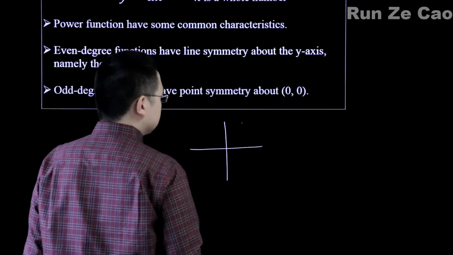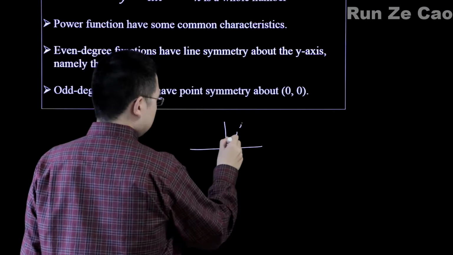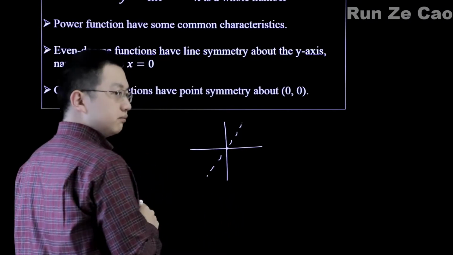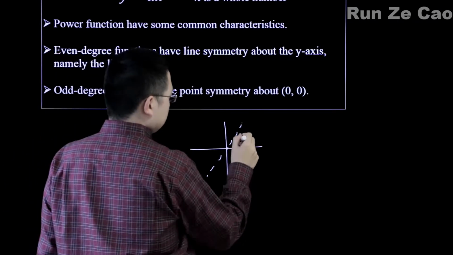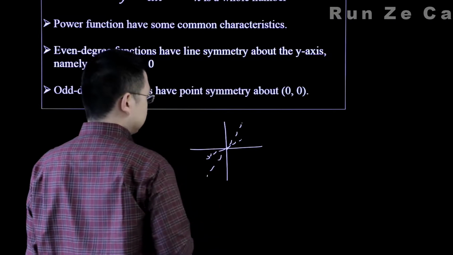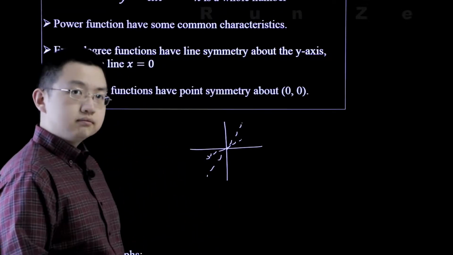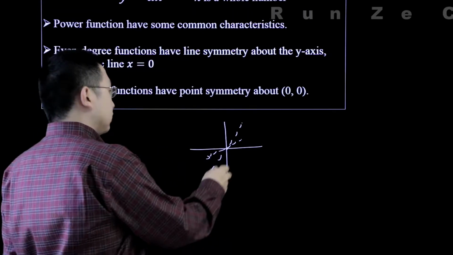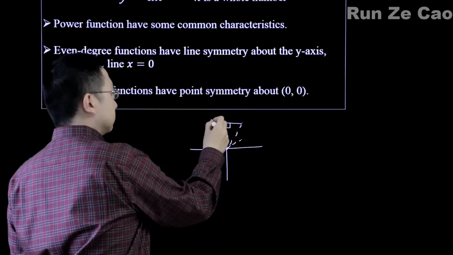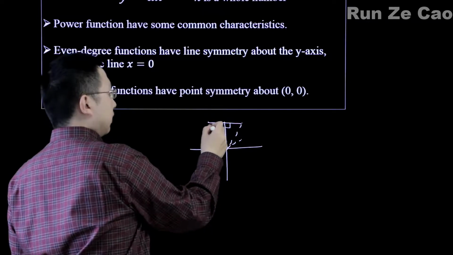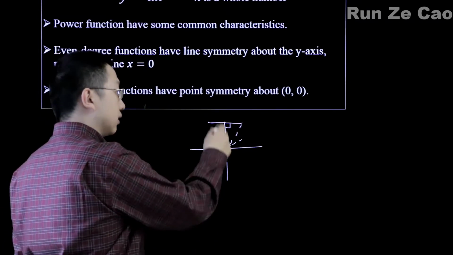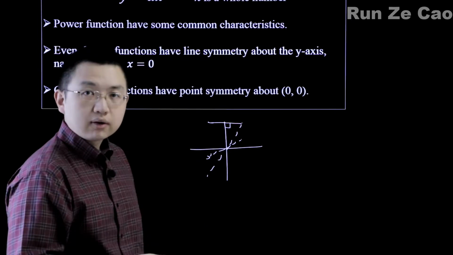say you have a point over here, you go directly across to a point over here. Say you have a point over here, well, you go across from there to somewhere around here. So point symmetry, unlike a line where you draw a line and do another line of the same length on the other side, and this line is perpendicular to the axis, or whatever line of symmetry you're dealing with.